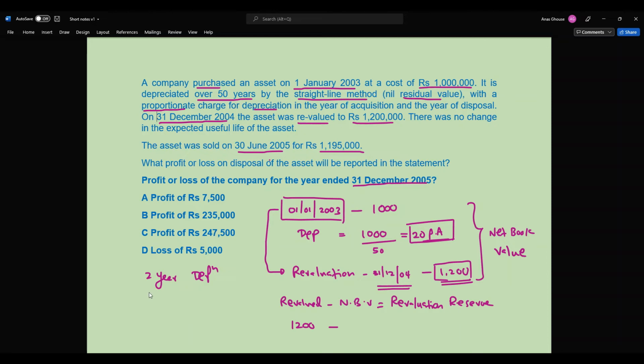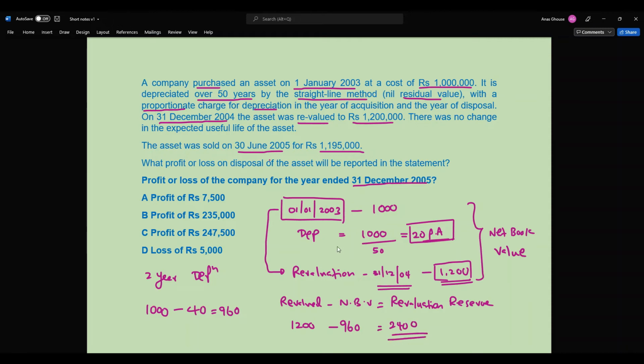So the purchase cost was 1 million minus 40 will be 960. So 1.2 million minus 960, how much? 240 will be the revaluation reserve.